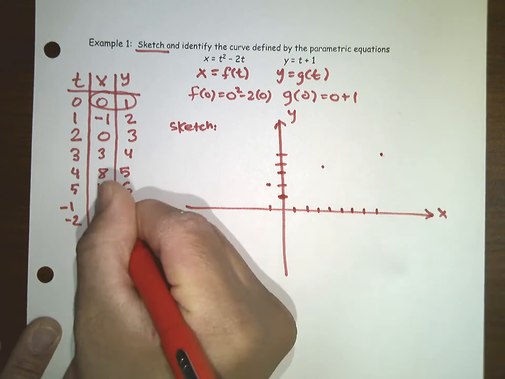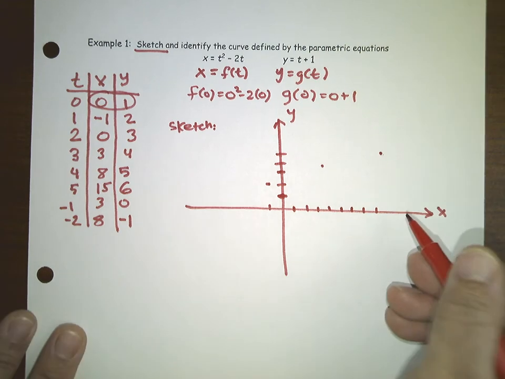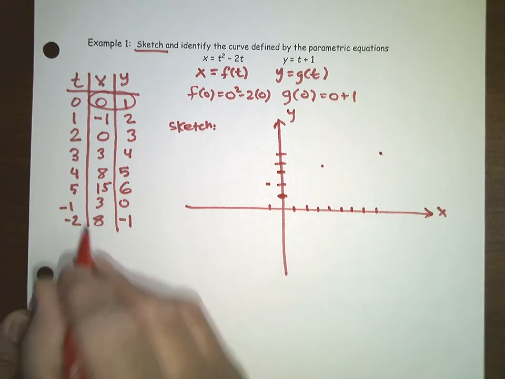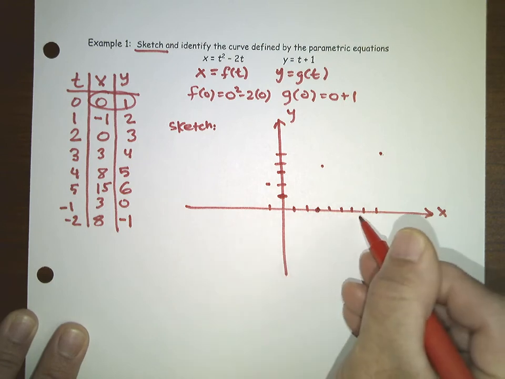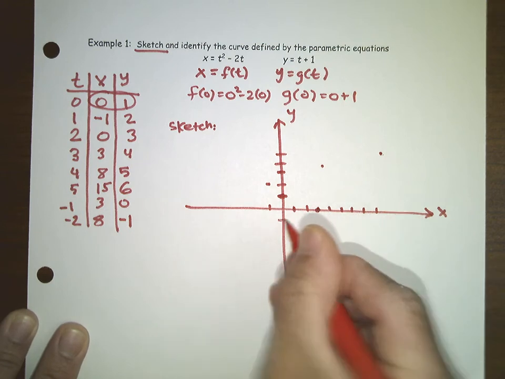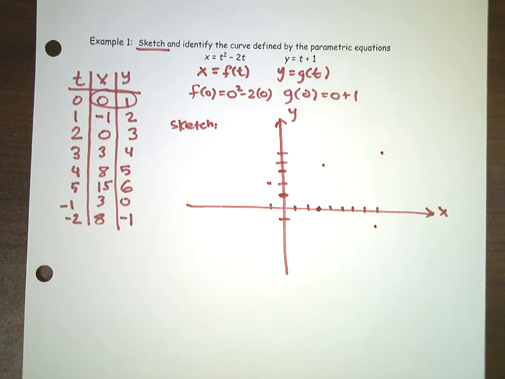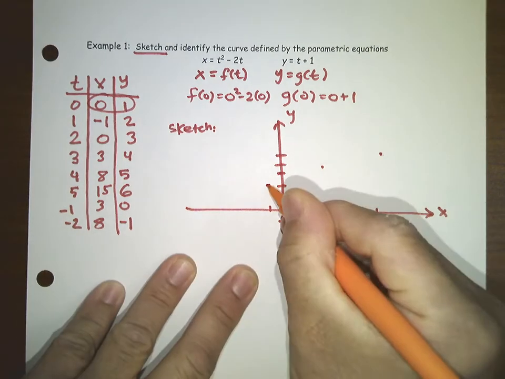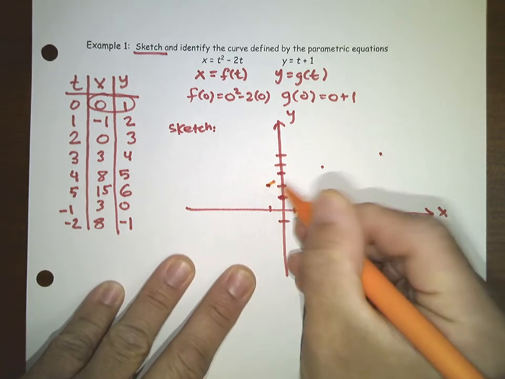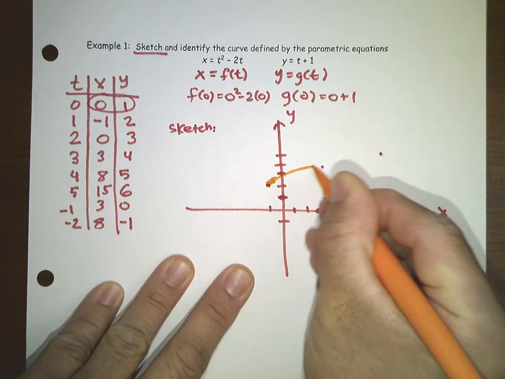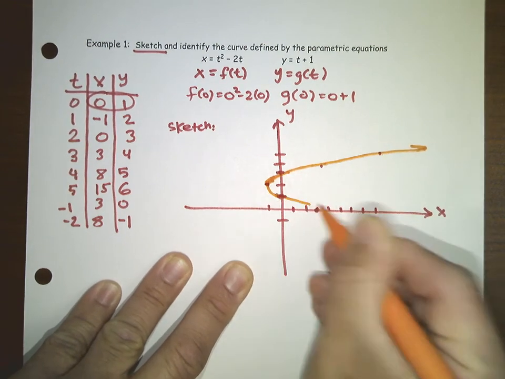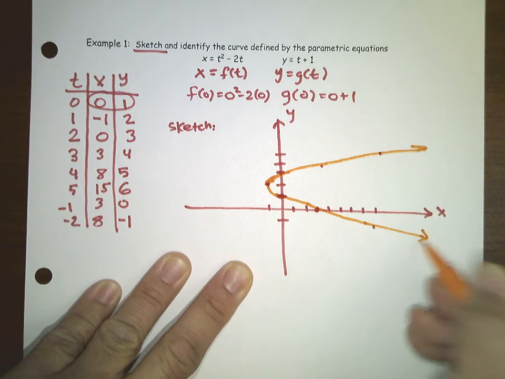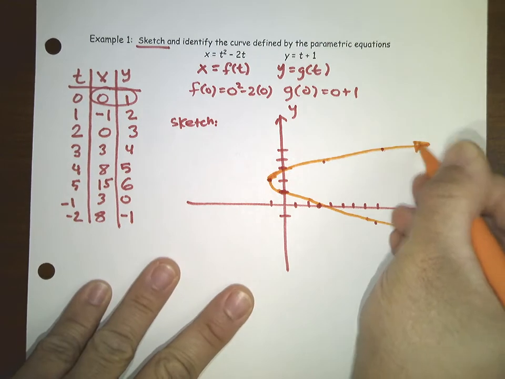Then 15, 6. Do I want to go that far? Probably not. Then 3, 0, so 1, 2, 3, 0. And 8, negative 1. If I connect these, I can see that this looks like it is going to be a parabola.